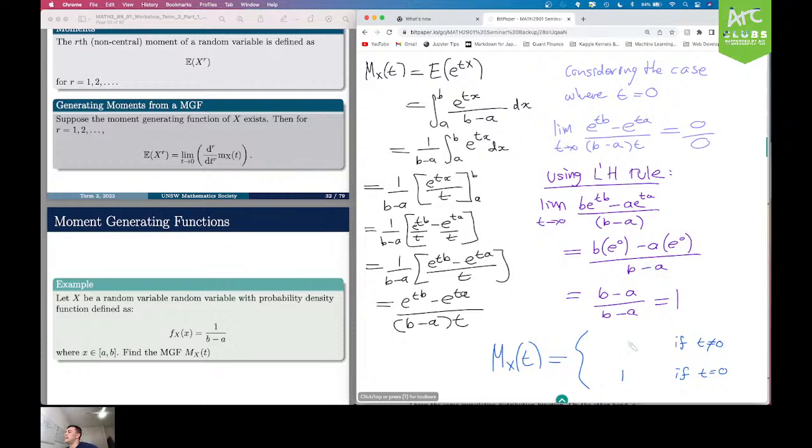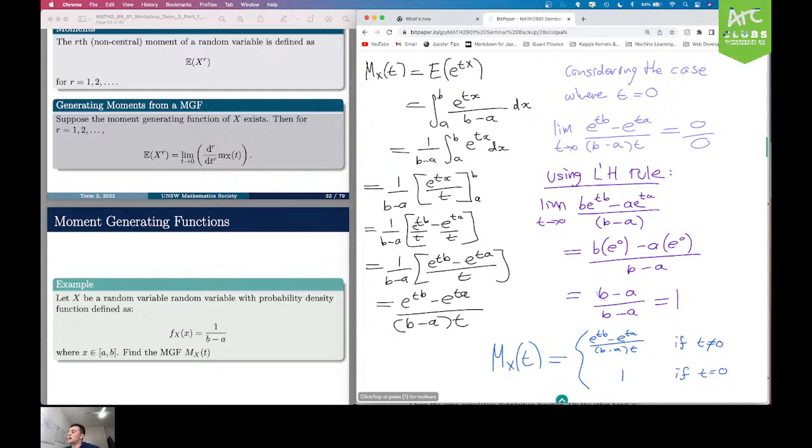And if t is not equal to 0, we have no problems with that denominator, assuming that a is not equal to b, so we have a clear difference between a and b. Assuming t is not 0, we get a nice function: e to the tb minus e to the ta over b minus a times t, like that.